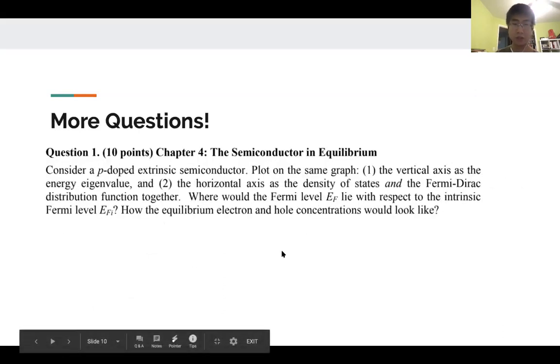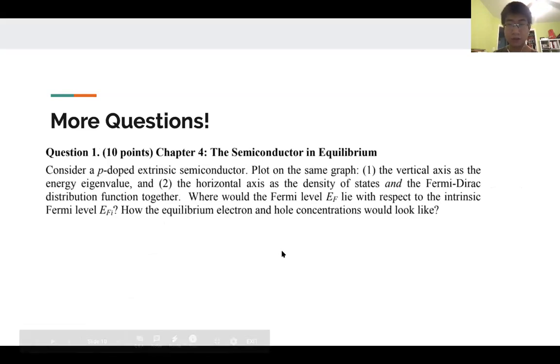So this is another question, and it's from last year's final for Chiwei Wang. The hint I will give you is to think about the Fermi-Dirac distribution and what it looks like for a p-type semiconductor.